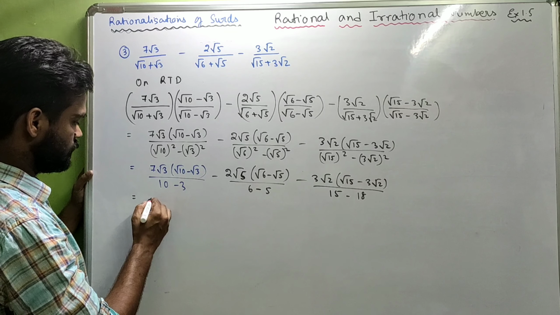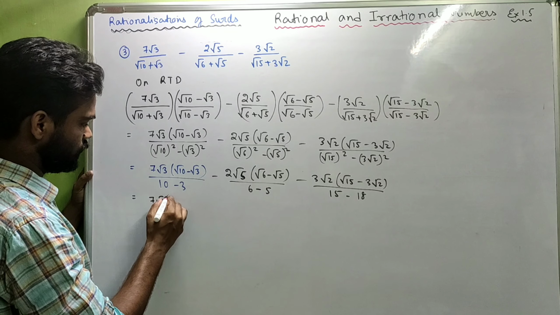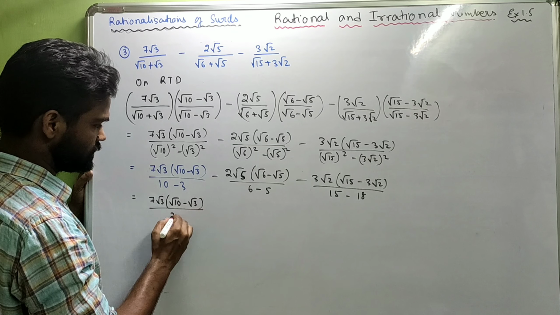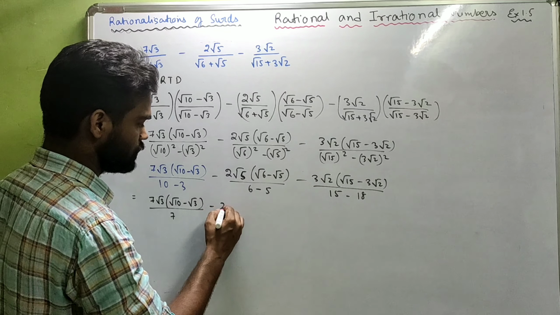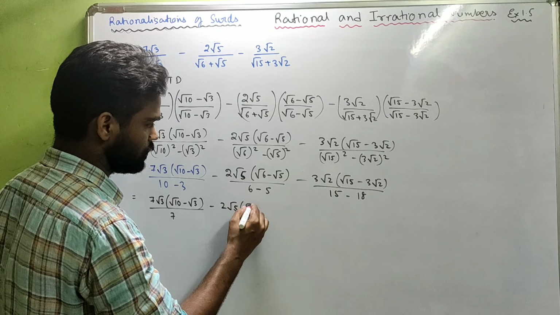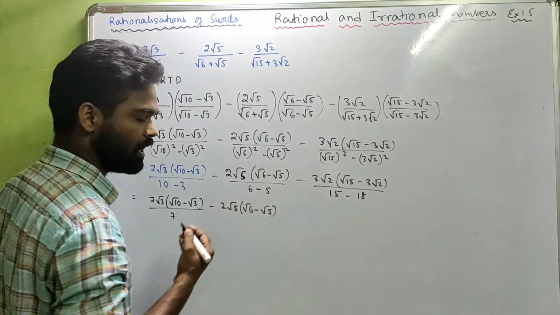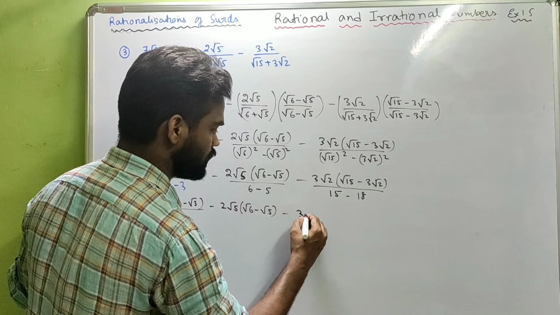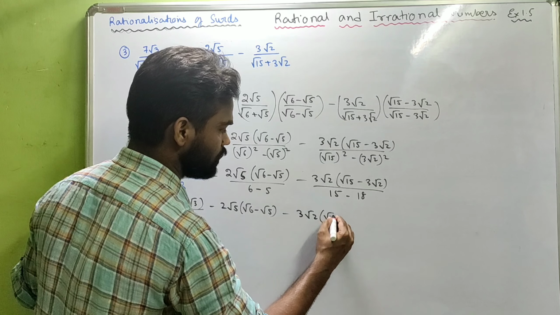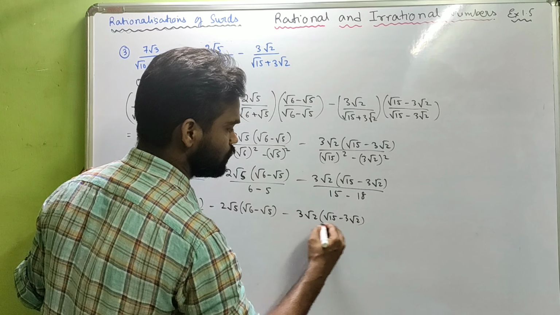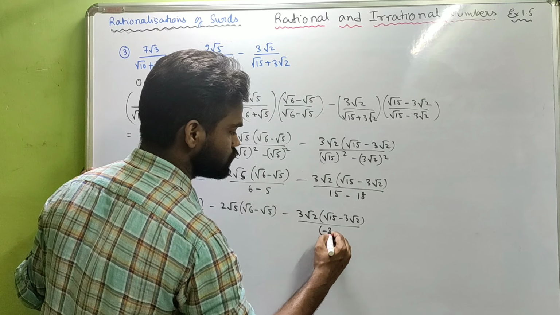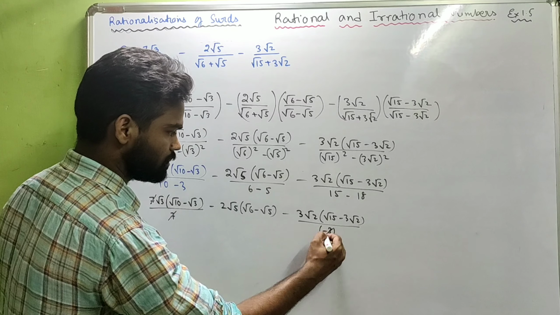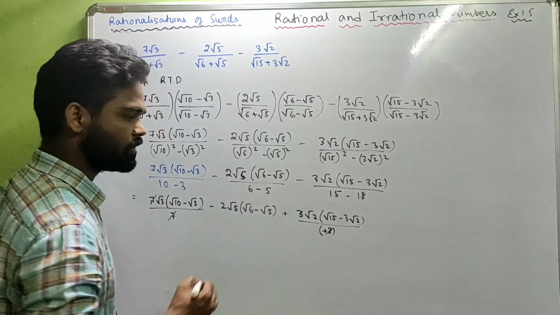Look over here. So that's 7 root 3, root 10 minus root 3 by 7, minus twice root 5, root 6 minus root 5 as it is, because 6 minus 5 will be 1, minus thrice root 2, root 15 minus thrice root 2 by minus 3, which means this and this cancels and this becomes plus.